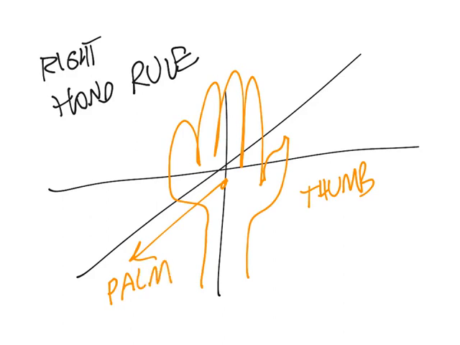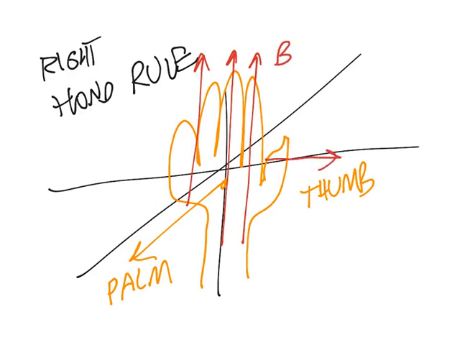The right-hand rule works like this. You let your fingers represent the direction of the magnetic field, B. Your thumb should be pointing out this way, and your thumb represents the direction of the velocity of the particle.